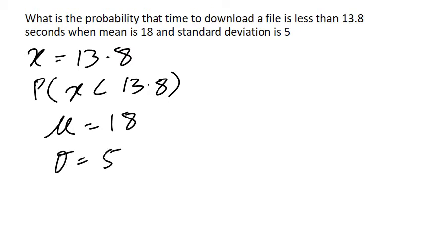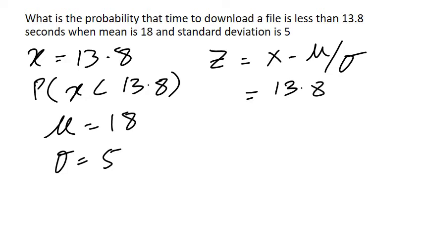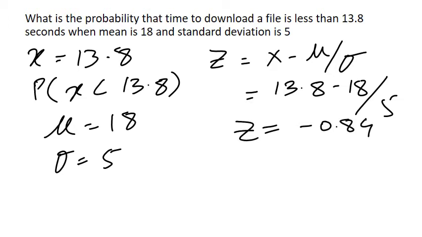So we transform it into z unit by using the formula which we discussed before. X is 13.8 minus mu is 18, divided by 5. So it is minus 0.84. Now z equals minus 0.84.